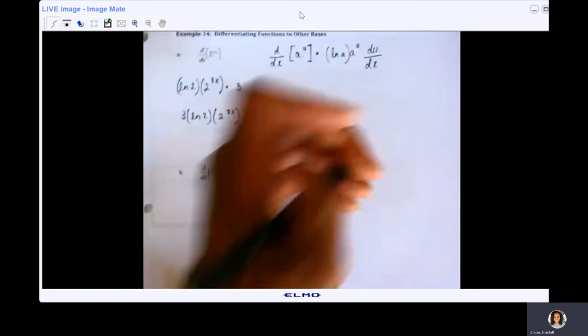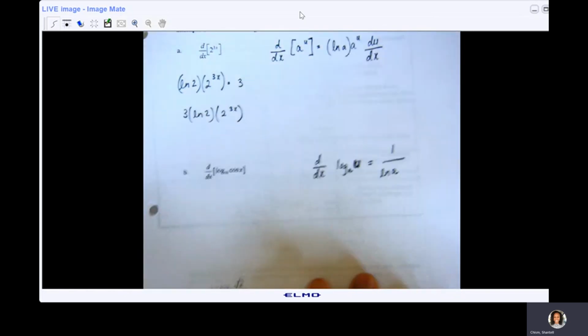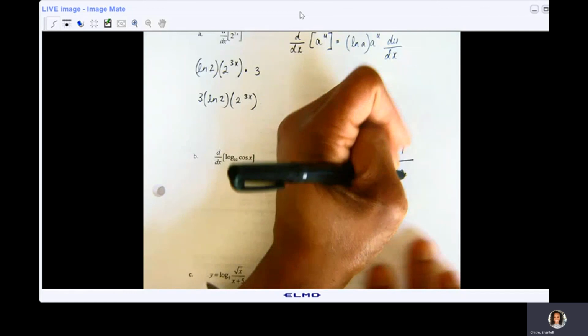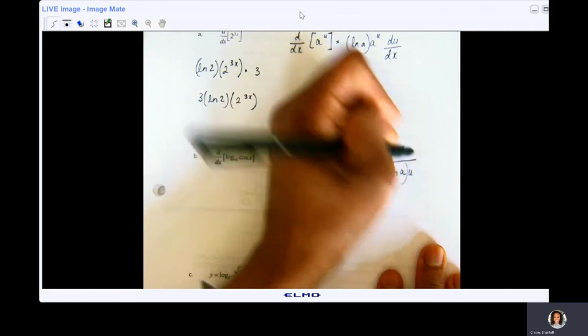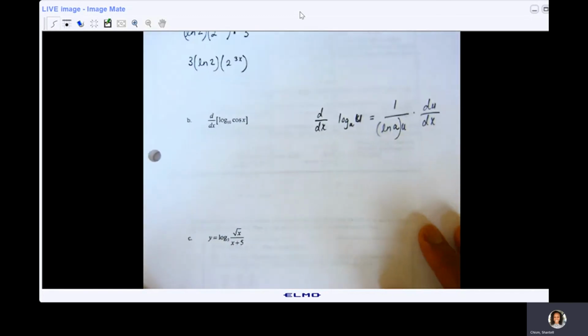Okay, so that would be 1 over, and again, we will not ever have to memorize these, ln of a times u, and then times the derivative of u with respect to x.